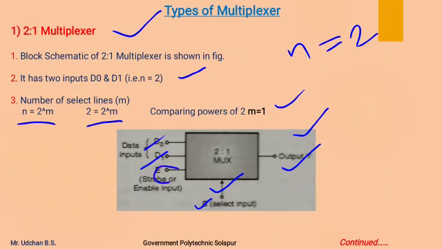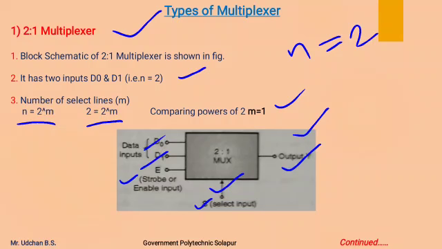Now one more pin is there, the E input or enable input, which can also be called a strobe, which enables the multiplexer. Unless and until we provide an enable input to this multiplexer, it will not give any output, irrespective of the status of the select line.